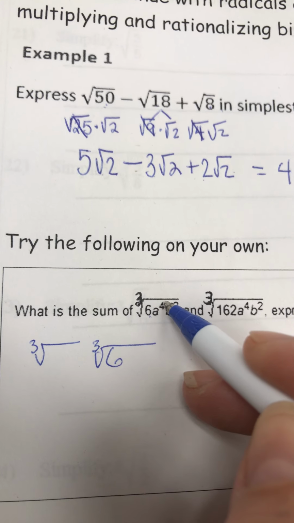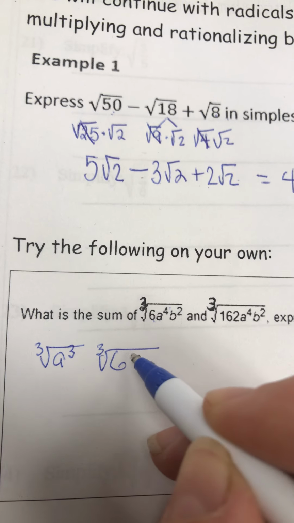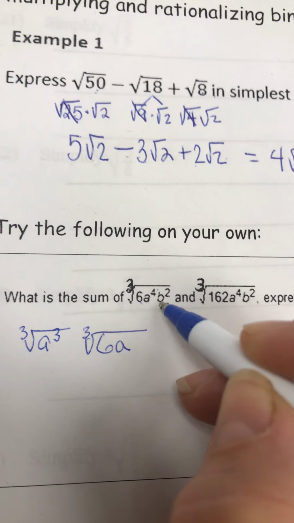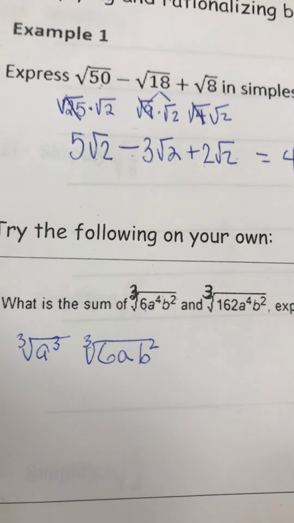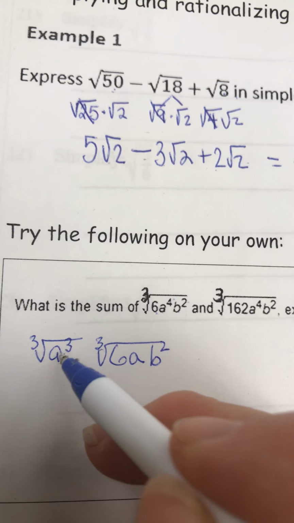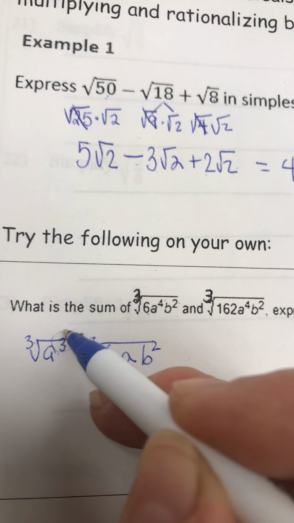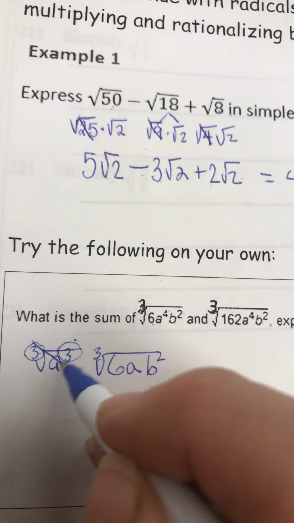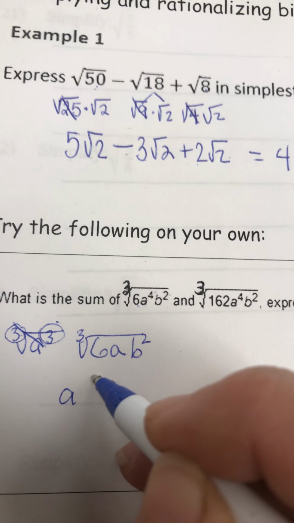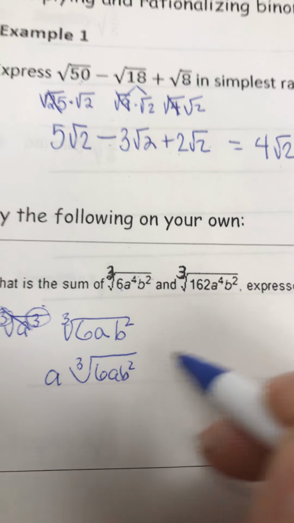Okay, a to the 4th, if I take it down 1, that's a to the 3rd, and it leaves an a. And b squared can't go in, so b squared. So this is really a to the 3rd over 3. So remember, power divided by root is 1, so that cancels to a cube root of 6ab squared.